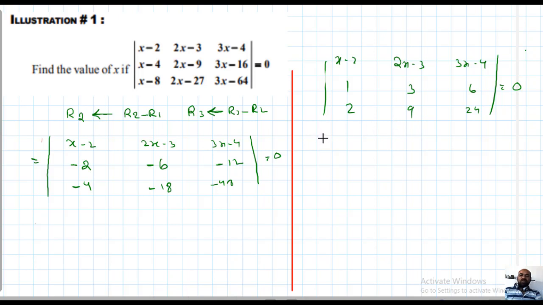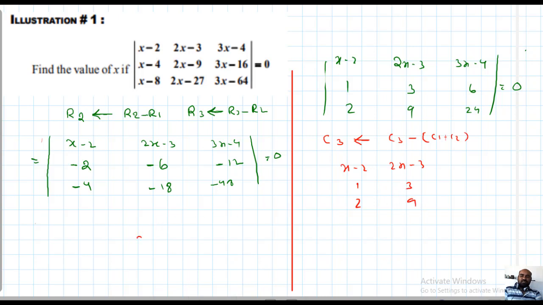So now I want to apply column operations. I want to change C3 as C3 minus half C1 plus C2. This is as it is, this is as it is.